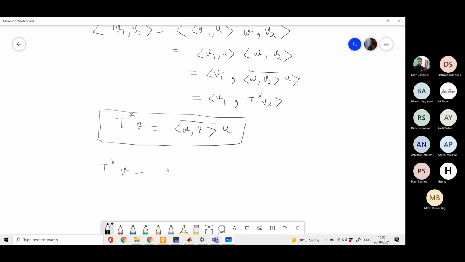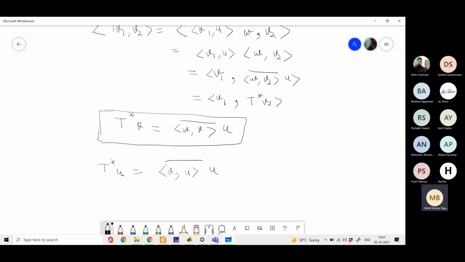Sir, T star of U equals the inner product of V comma U, bar, times U. Please tell me again. Say the inner product of V comma U, whole bar or only U bar? Whole bar, into U. That is the same thing.